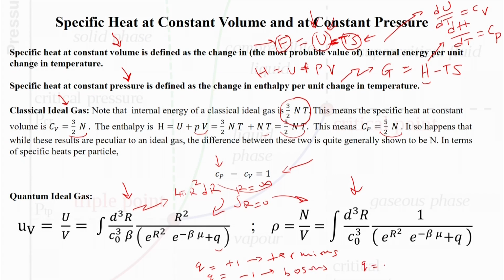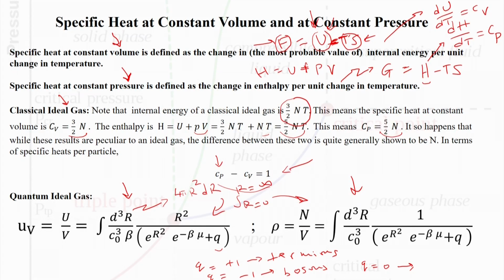Let me be a little mischievous and say q equals 0. Well, that is strictly not allowed, because q was supposed to be plus or minus 1. But let us become a little greedy and ask, what does q equal to 0 correspond to? It is certainly going to correspond to something we are familiar with, because if we ignored this q altogether, that corresponded to classical Boltzmann statistics, the classical ideal gas.